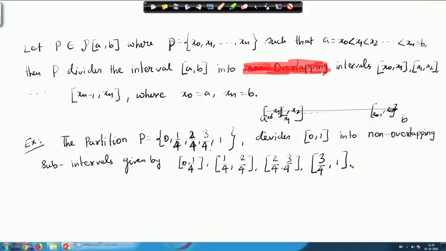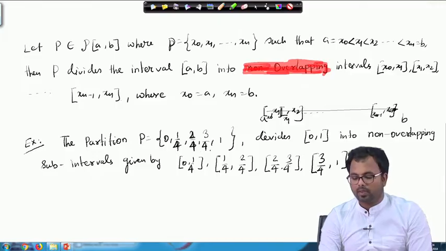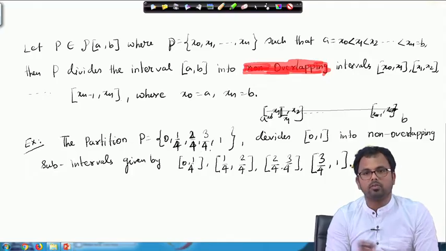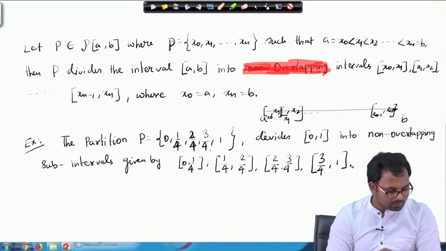So this partition P, which has points as 0, 1 by 4, 2 by 4, 3 by 4, and 1, will divide the interval 0, 1 into non-overlapping subintervals given by these 4 subintervals. So this is an example of a partition for the interval 0, 1.